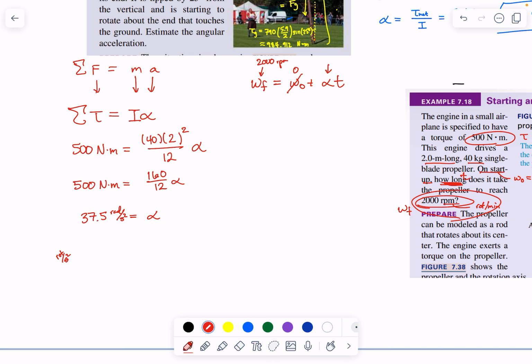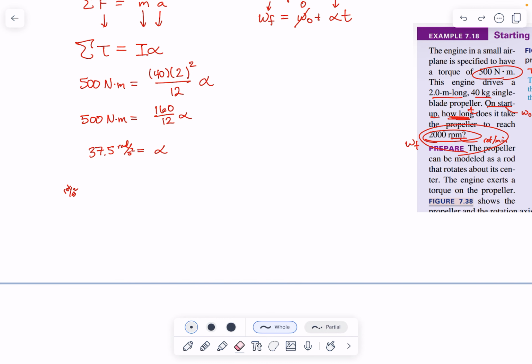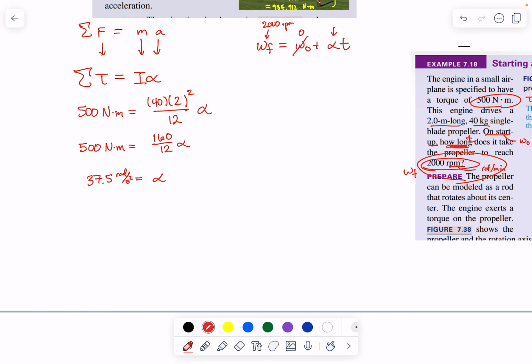And now we're in a bit of a pickle because we have RPMs here and we have radians per second squared there. We've got to make sure we're using one or the other. We could actually turn everything into RPMs, or we could use radians per second squared for everything. Doesn't really matter either way. I like SI units. They're a lot more convenient when you're doing some other things. So I'm going to go ahead and convert the 2,000 rotations per minute to radians per second, right?